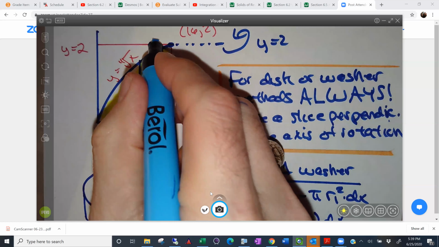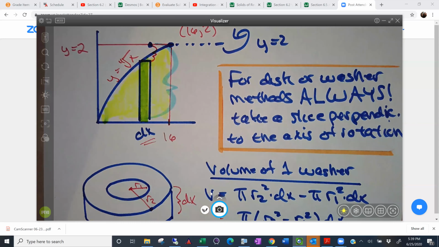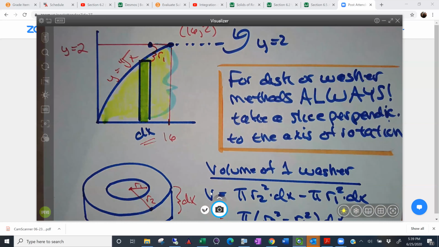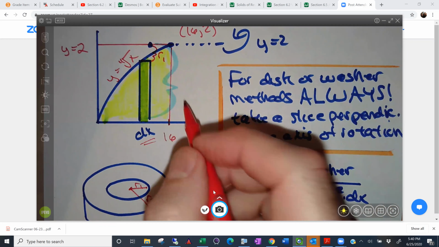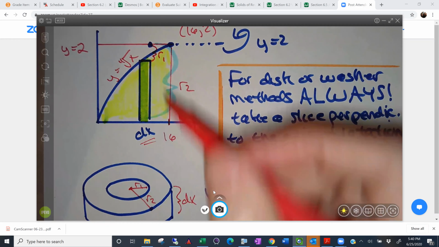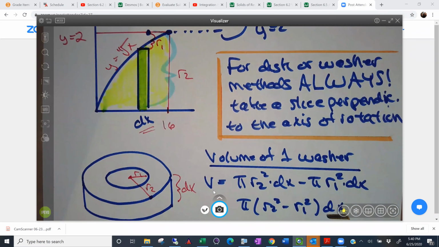I'll call this one R1, because that's my inner radius, the smaller of the two radii. What's the outer radius? R2. So I need to come up with expressions for these that involve the variable x.